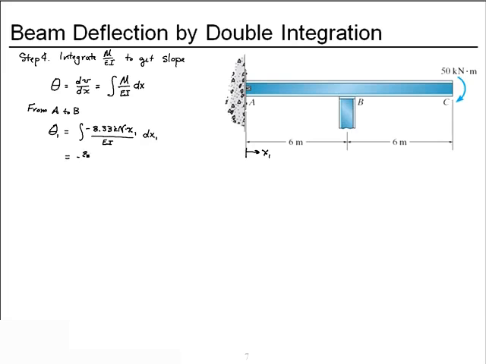So we have minus 8.33 kilonewton x1 squared over 2EI plus our constant of integration, since this is an indefinite integral, and that simplifies to minus 4.17 kilonewton times x1 squared over EI plus the constant of integration. And we're going to call that equation 1.